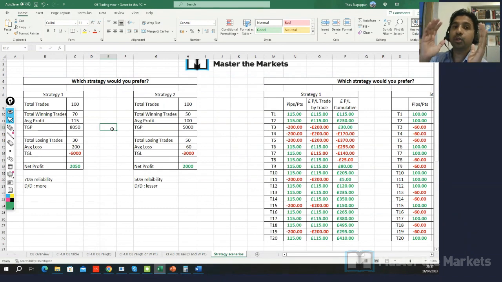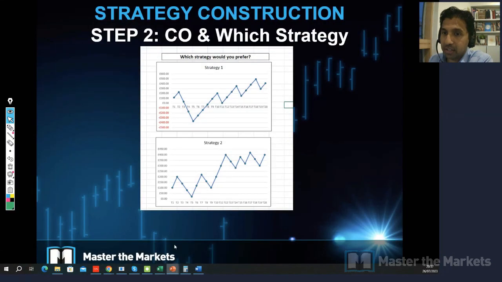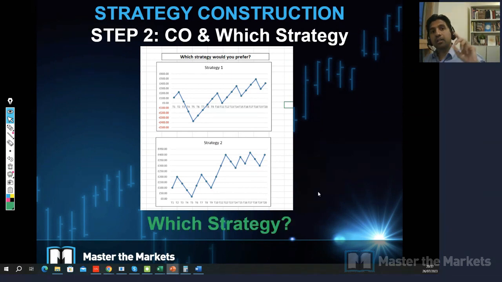Now, once you've got your end objective, traders, the next question in relation to that is the CO. The CO in relation to this. Now, what is the CO?